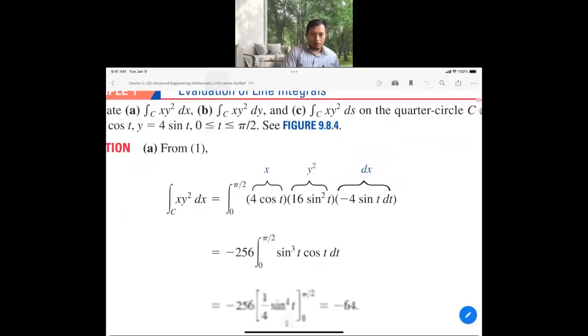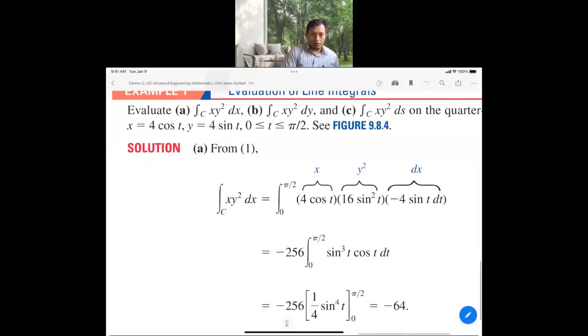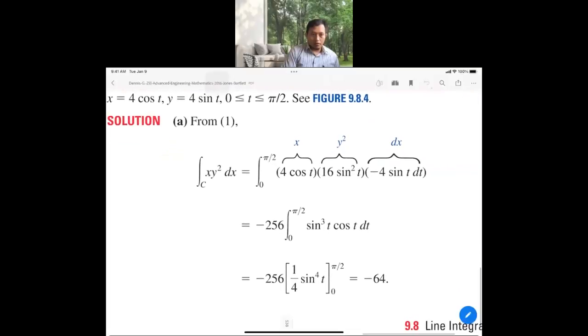Now if we look one by one, from the first one, we have xy squared dx. So practically we just input the x and y from the parametric equations, and dx we get from the parametric one. We can differentiate the x, find the first derivative, and substitute.